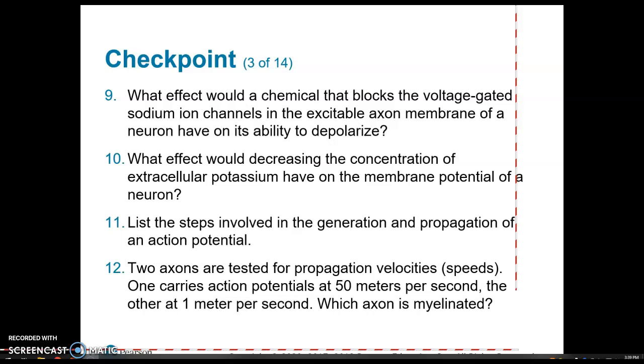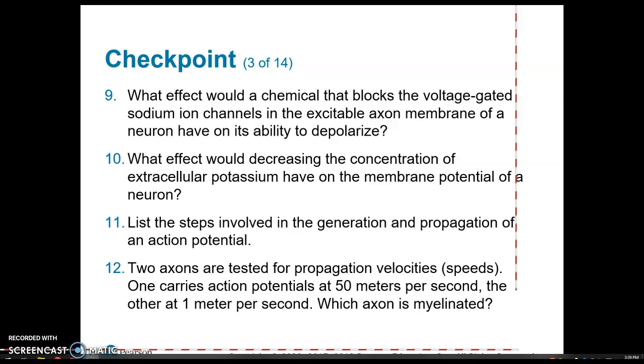Okay? Number 11, list the steps involved in the generation and propagation of an action potential. And I won't go over that, but just remember what it takes. You've got to reach threshold. Graded potentials along the dendrites and cell body lead to the potential at the axon hillock reaching threshold.